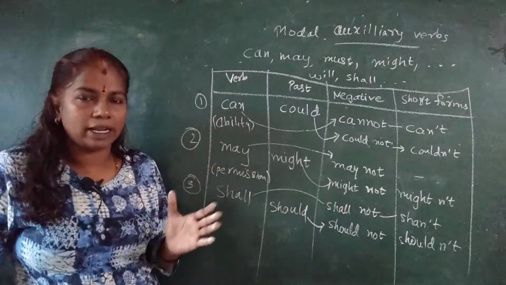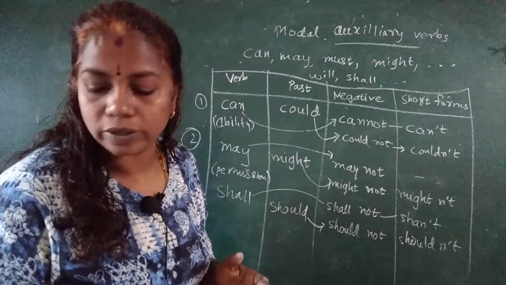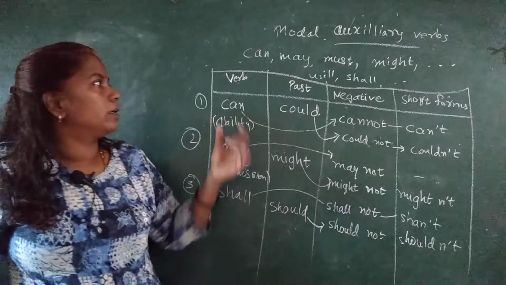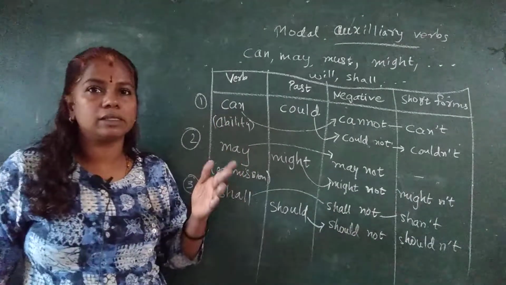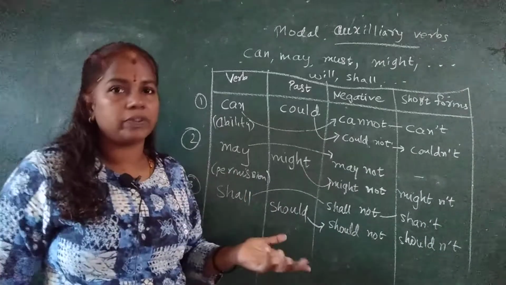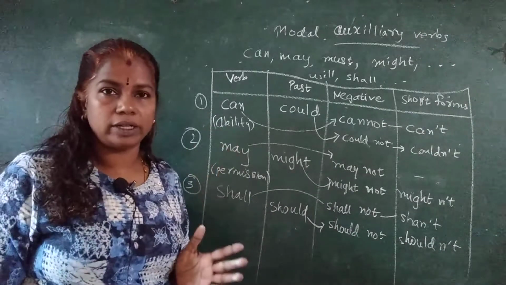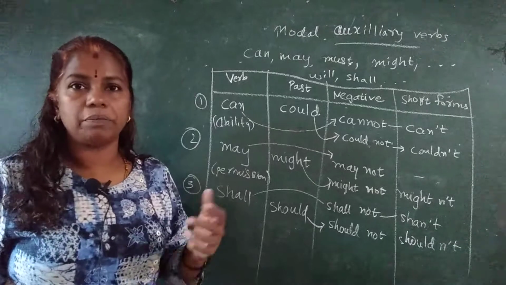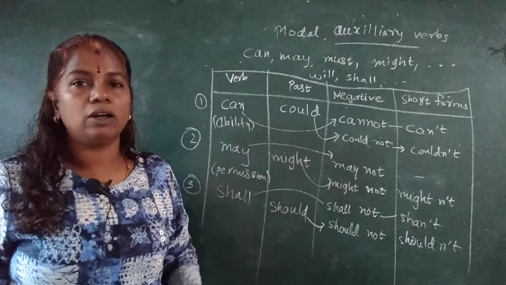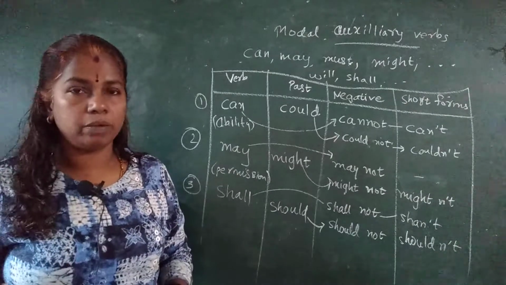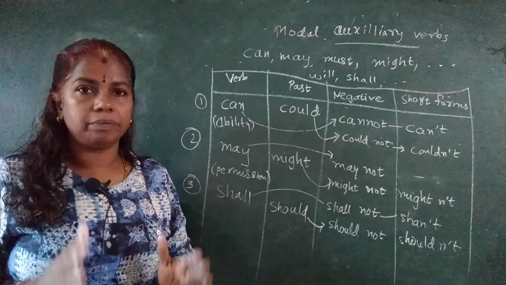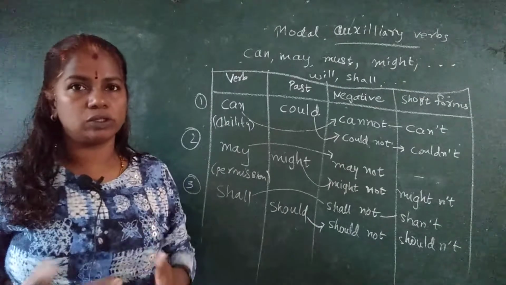Understood? I have tried to explain the modal auxiliary verbs. Some of them are can, could, may, must, might, shall, will. This all comes under modal auxiliary verbs. It shows you the permission, information, order, request and capability, ability of that particular person who wants to speak.